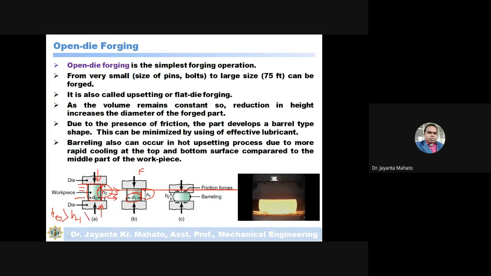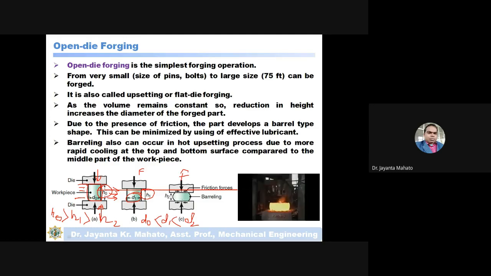Then applying more compressive force, the height will reduce up to h2. But the diameter, which was d naught, becomes d1 in the second step, then d2. So the diameter is increased because the volume remains constant.